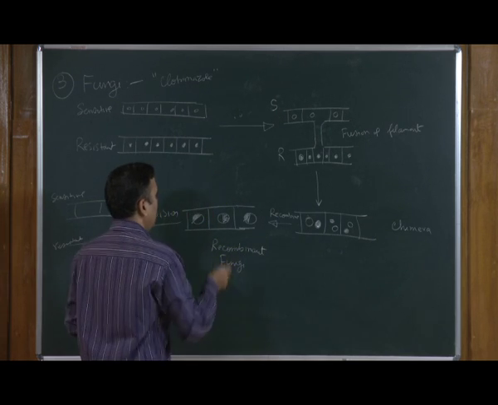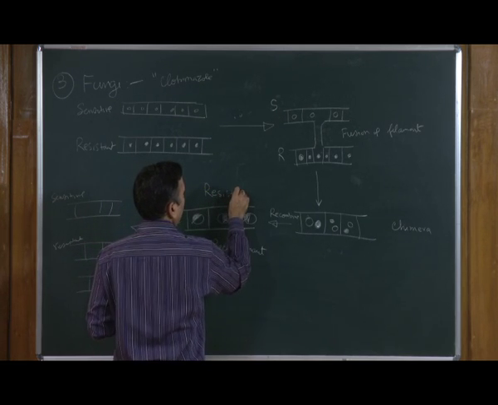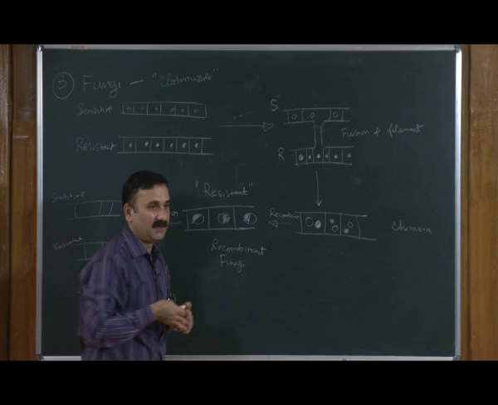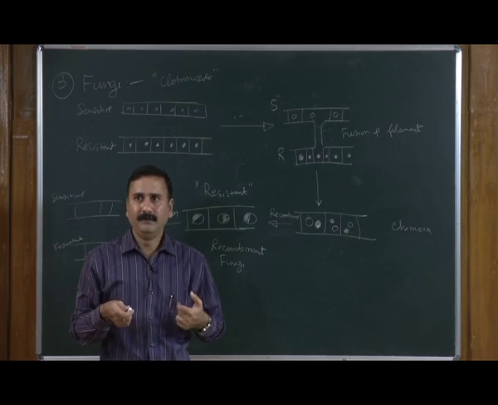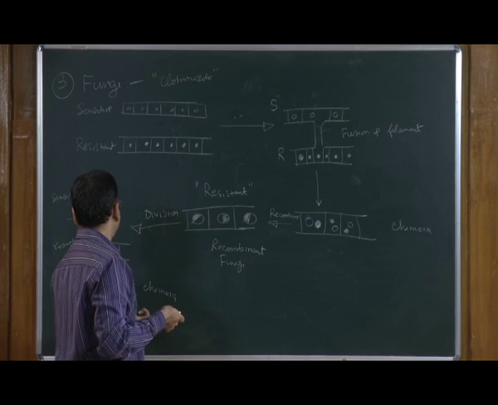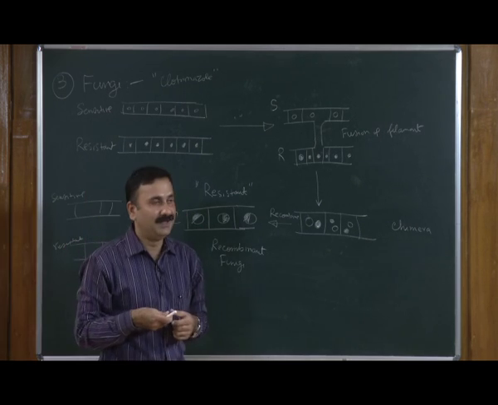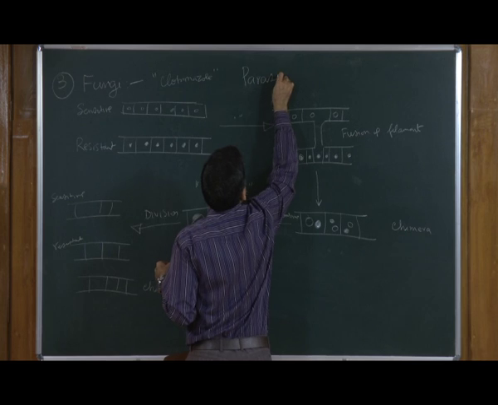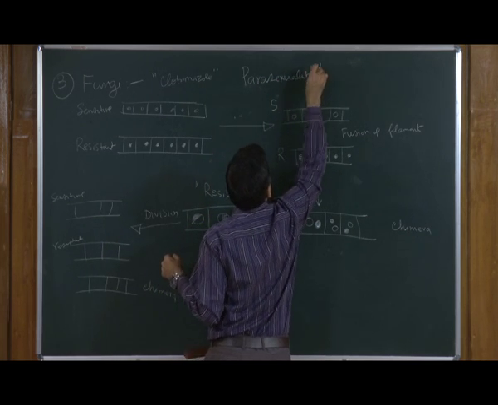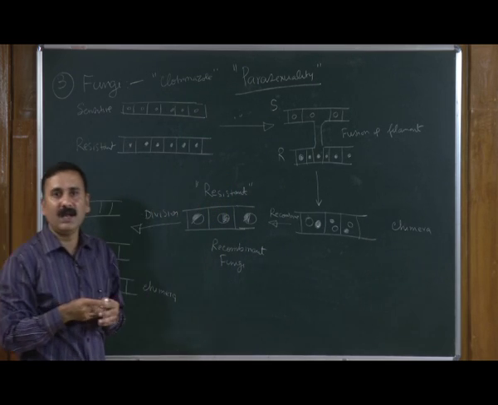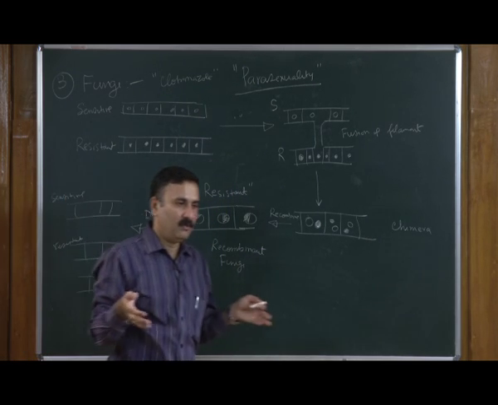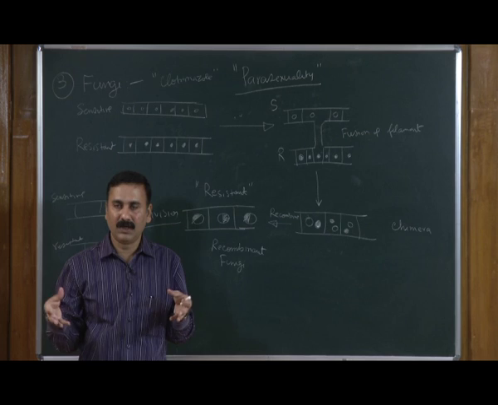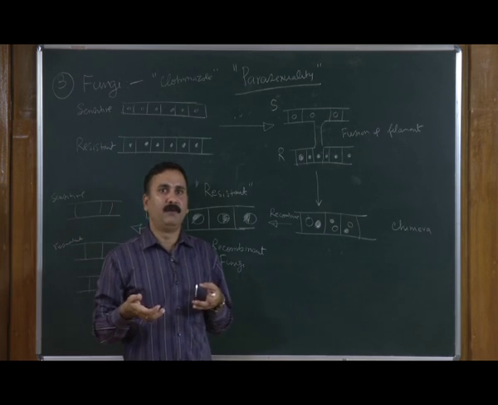This recombinant fungi is actually the sensitive strain, but it has now acquired resistance against clotrimazole, and then this can segregate and form the individual as well as the chimera, and this whole concept is known as parasexuality, which is very common in the case of fungi, and it is also common in some other organisms as well, but it is more popular in the case of fungi where they come together and exchange their genetic material, and that is how they acquire different types of phenotypes.